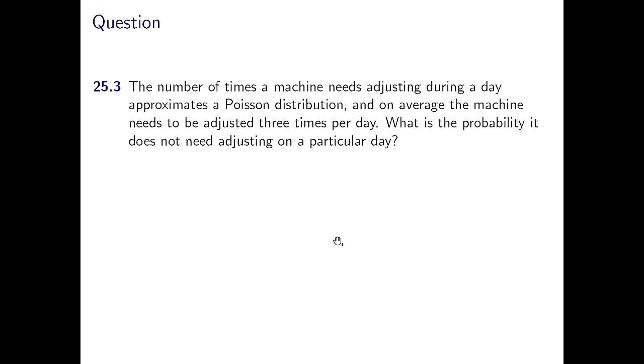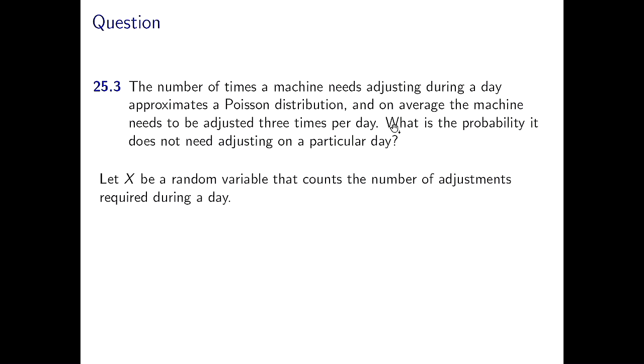Okay, so question 25.3 says the number of times a machine needs adjusting during a day approximates a Poisson distribution. On average, it needs to be adjusted 3 times per day. How many golden days where you don't need to adjust it at all do you get? What's the probability of having a wonderful day where it doesn't need adjusting?